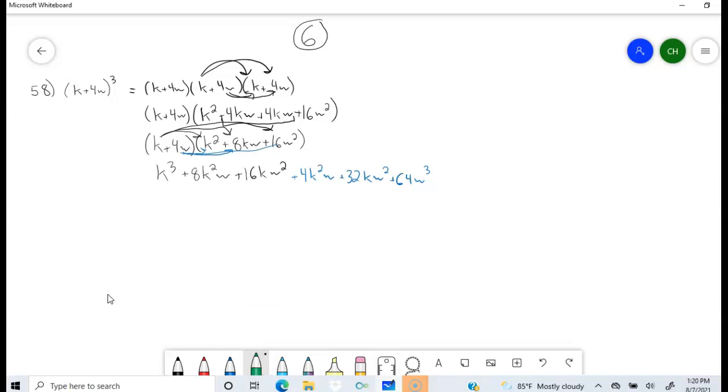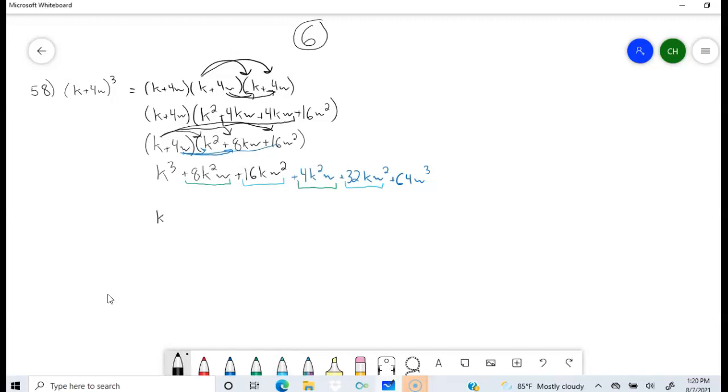We've got 8k squared w and 4k squared w. And we've got 16kw squared and 32kw squared.